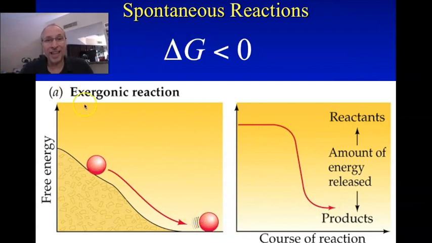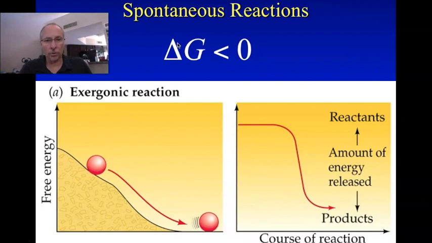That means also it's exergonic. It's releasing energy of some sort. And the amount of energy that's released is the difference in what the free energy is at the end minus the free energy at the beginning. Okay, so those are spontaneous reactions, and those are the kinds of reactions that you use to release energy from your food, for example.